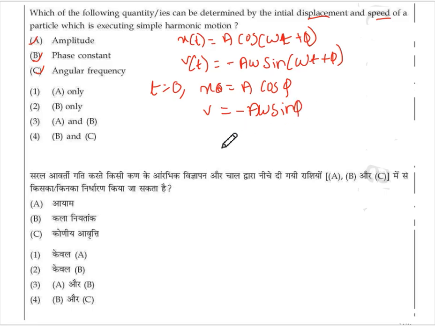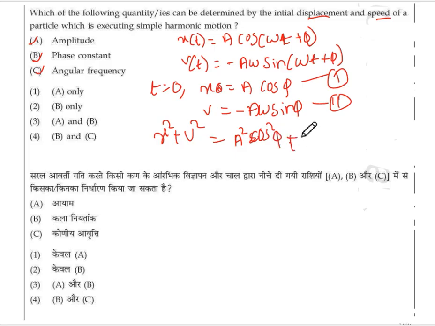So if I take its first order derivative, let's take equations 1 and 2. So add by squaring equations 1 and 2. If I add the squares, x square plus v square, it will be a square cos square phi plus a square omega square sin phi.